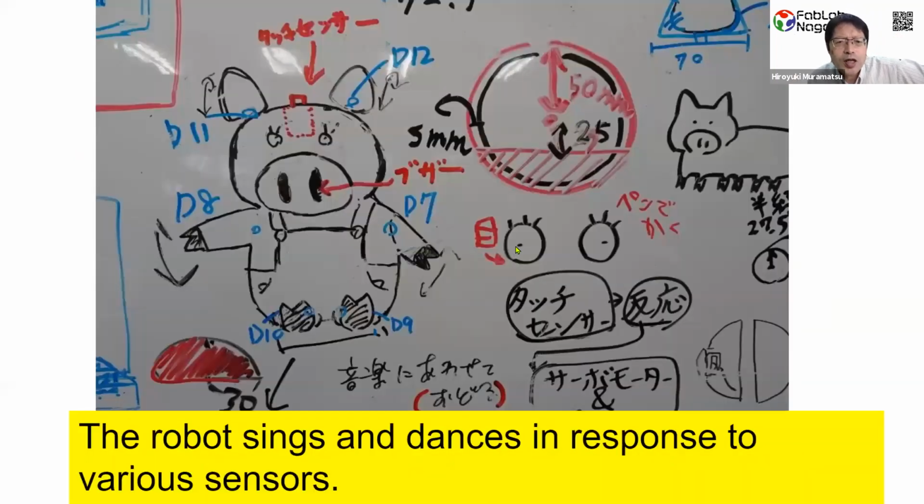So the robots, it's a design like a sketch. These robots sing some music and dance, responding to various sensors, for example a touch sensor or sound sensor.